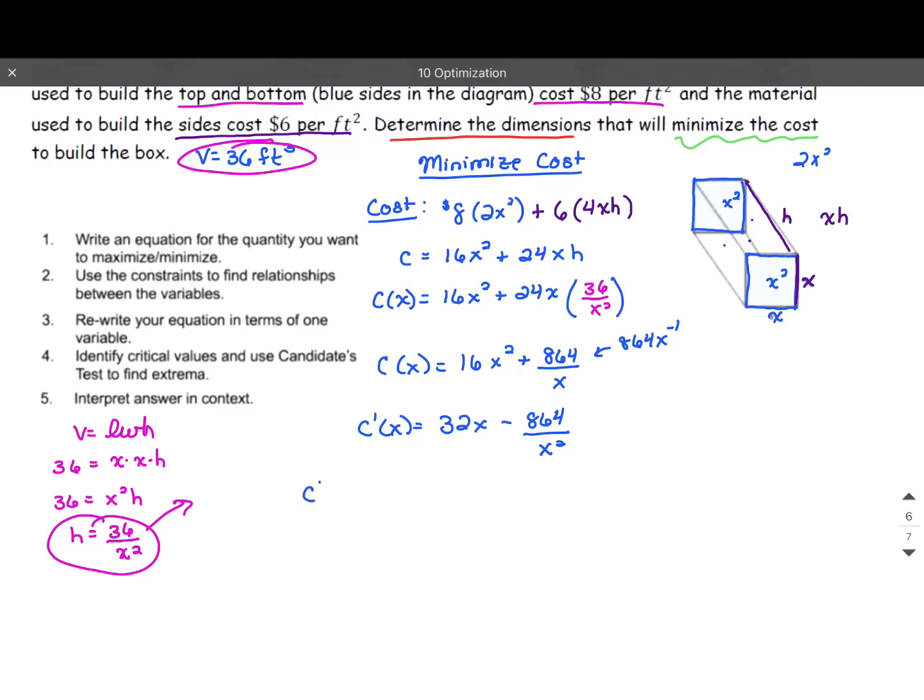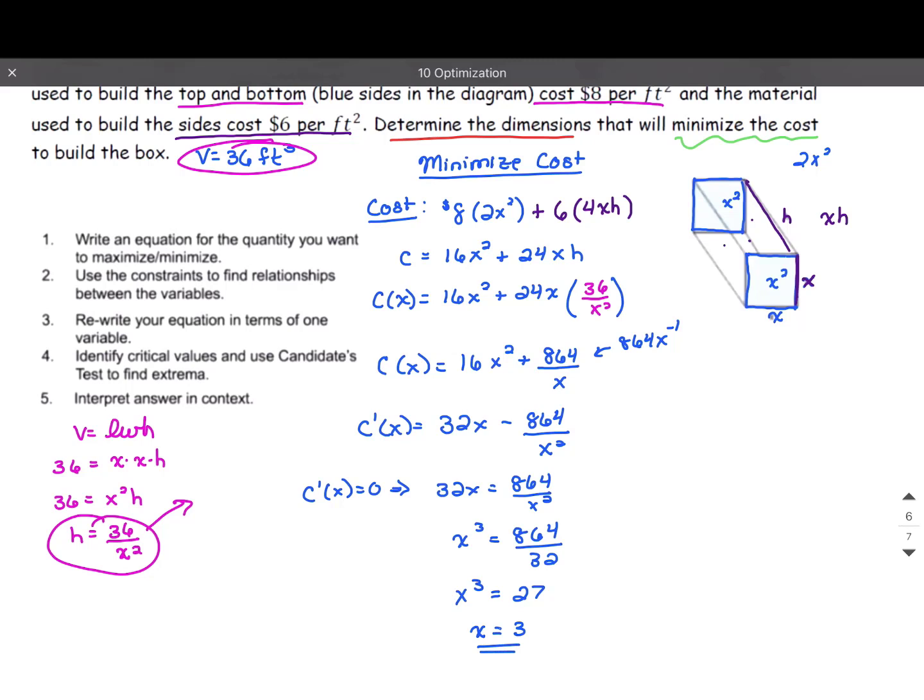So we want to know when the derivative is 0, and that would mean that 32x would equal 864 over x squared, or x cubed would equal 864 over 32. Now, 864 divided by 32, I'm typing that in my calculator, that's 27, which means x is 3.